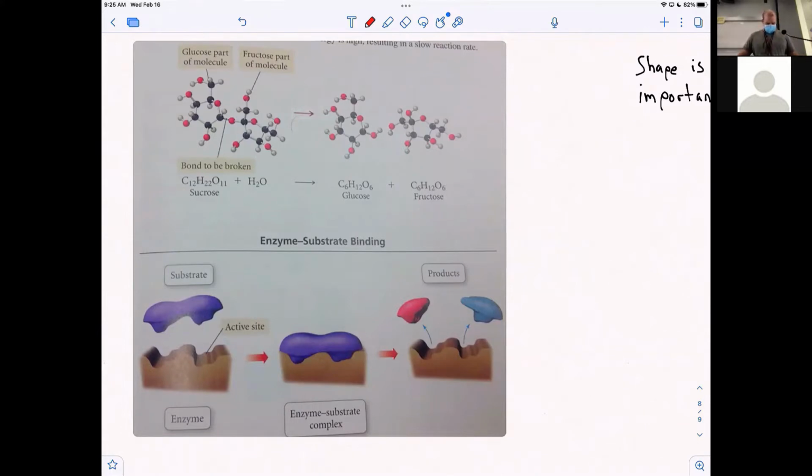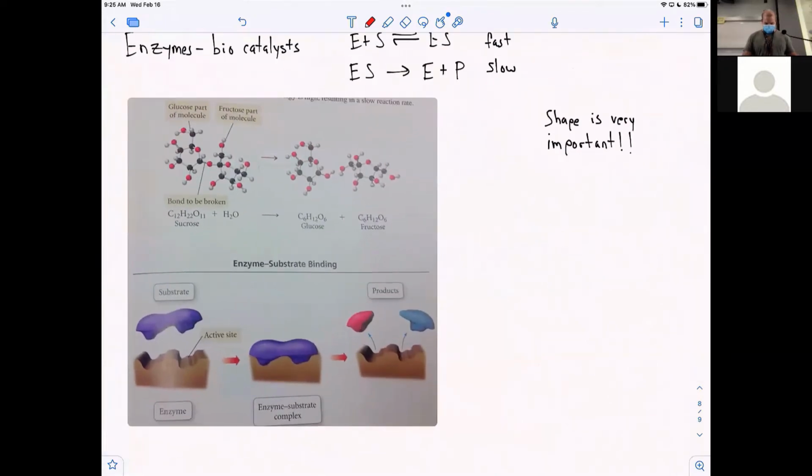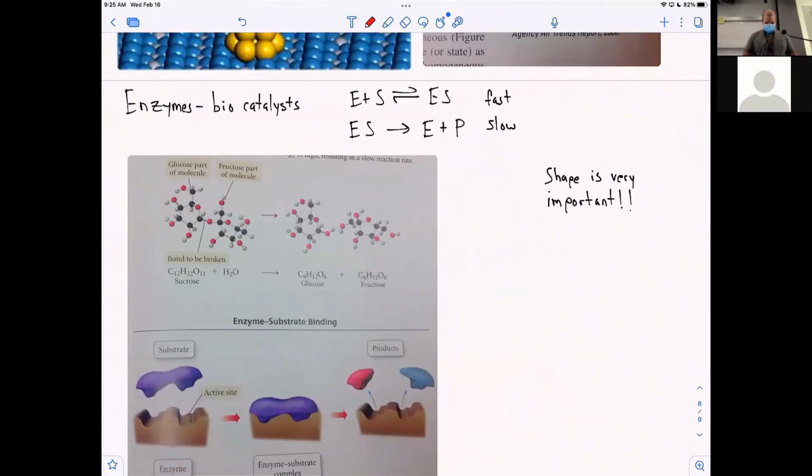So anyways, the way that an enzyme works, the idea is that you have the first step, the enzyme plus the substrate forms an enzyme substrate complex, and then that breaks apart into the enzyme plus the product.